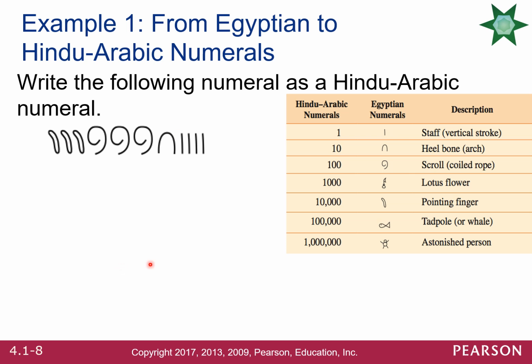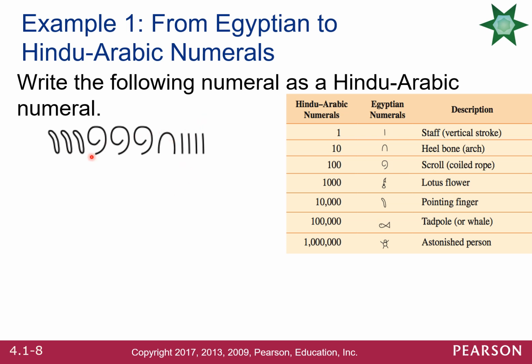So we are given an example here. We see a pattern of these Egyptian numerals and it represents a certain number. So we are going to convert this pattern using the additive system and figure out what number this represents in our Hindu-Arabic system. All right.